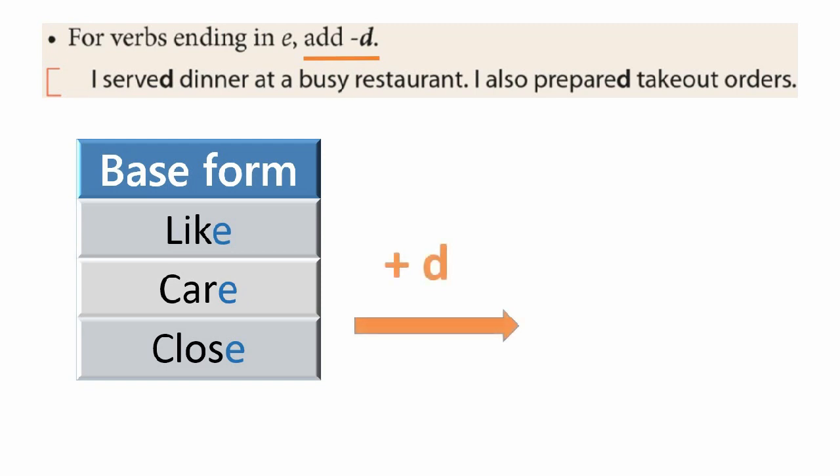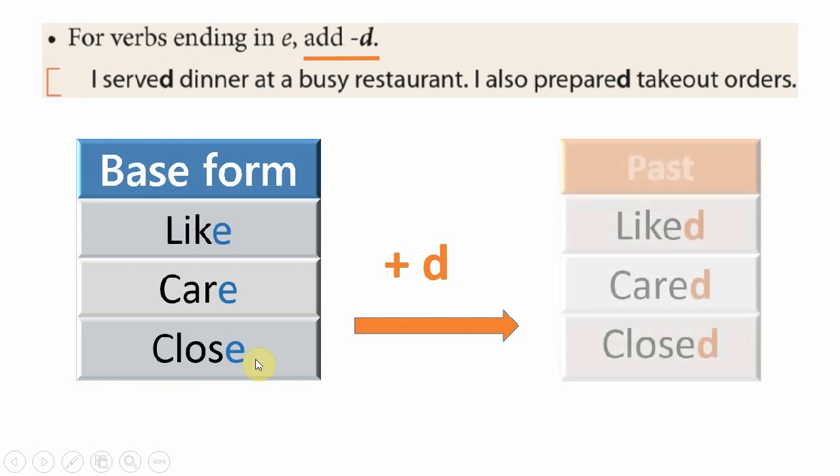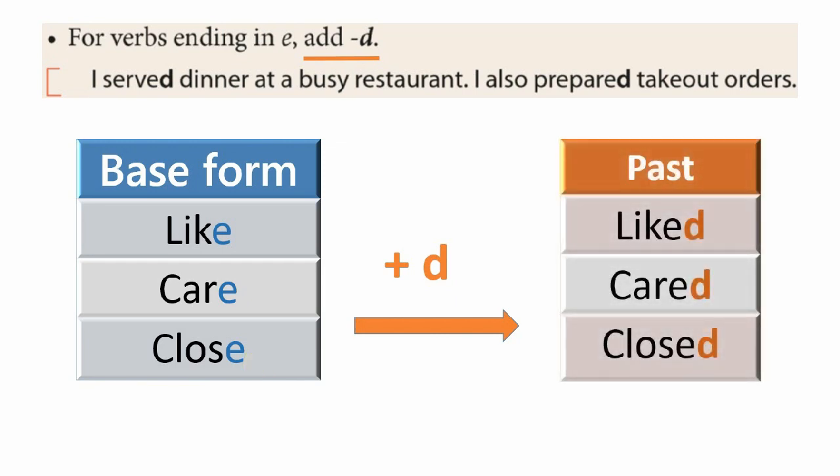If we want to make the past simple from these verbs, we just simply add a D, because the E is already there. So it becomes liked, or cared, or closed.